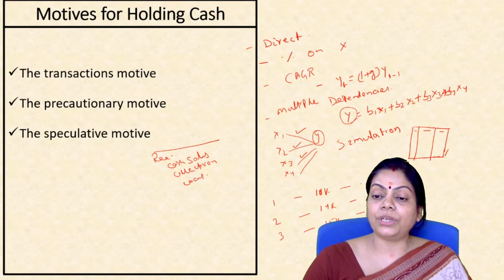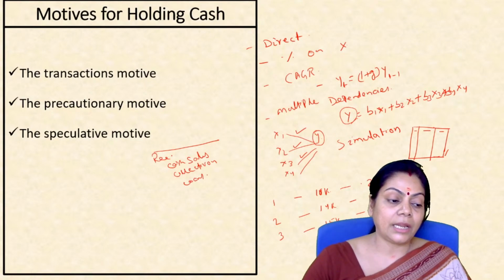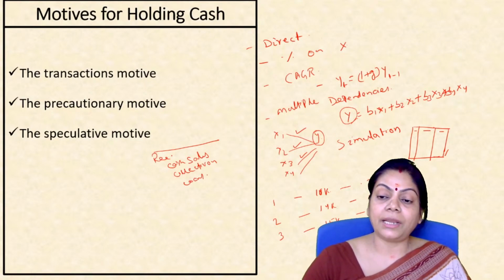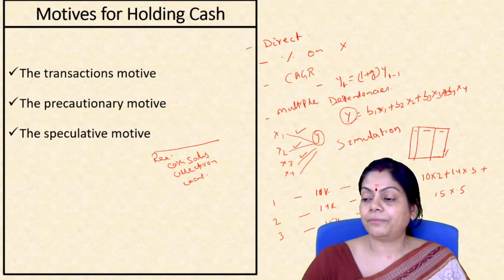Here, what I can do is compute the expected value of this particular cash flow. How do I do it? I can do it like 10 into 0.2 plus 14 into 0.3 plus 15 into 0.5.